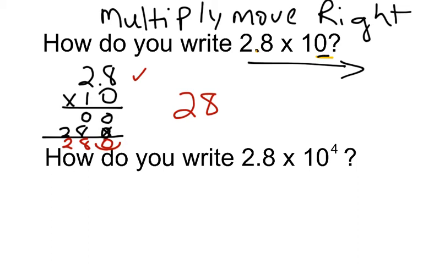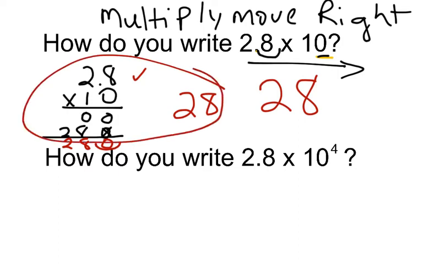So we start at the decimal and move right one spot. So that would be 28. That's a shortcut in finding multiplication of a power of 10. Thing to remember about multiplication, always move to the right.